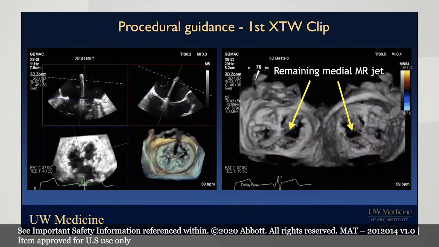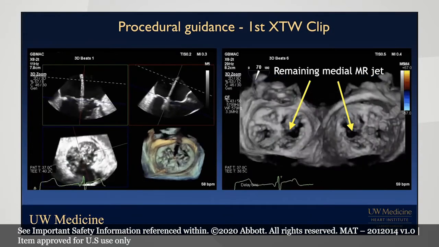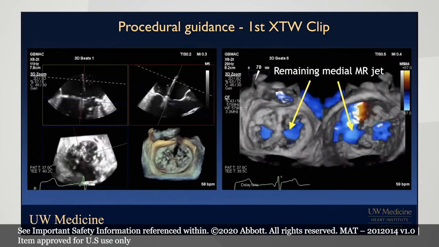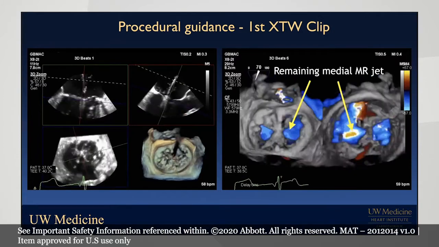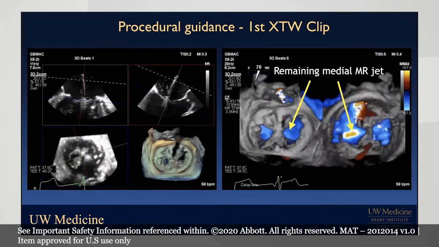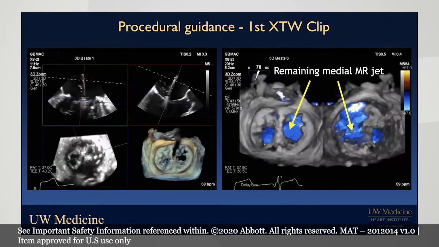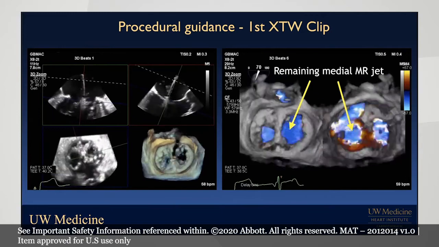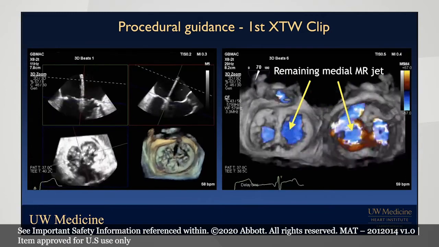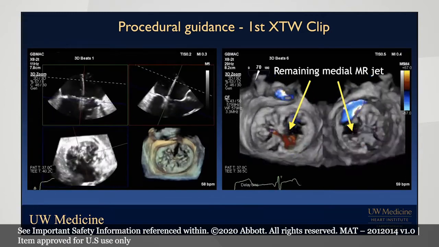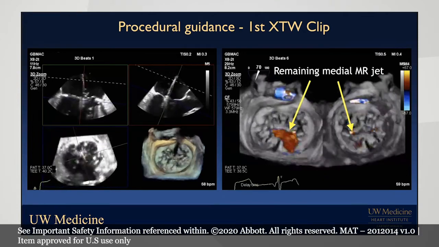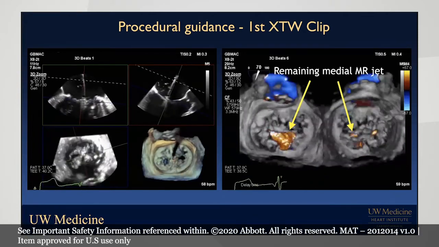Now, in our multiplanar real-time imaging, we show on the left-hand side convincingly that with this first grasp, as we bring in an XTW for sufficient grasp and a sufficient reduction of this vena contracta area, we look for orientation of the clip.